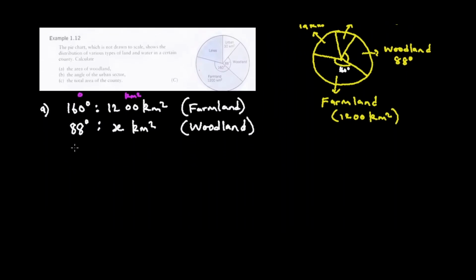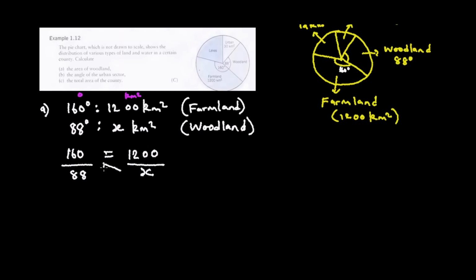Tino ta convert this side into an equation, 160 over 88 fraction, then ma semicolon anova an equation, anova an equal sign, then kunoku it's 1200 over x. Saka if we solve for x, tinenge tawana our area.